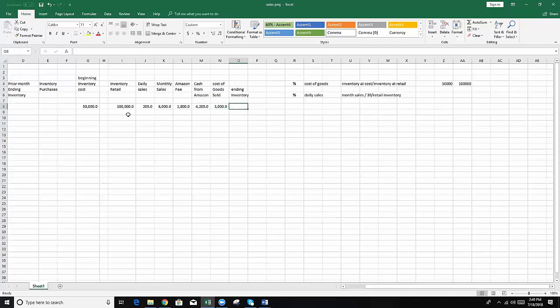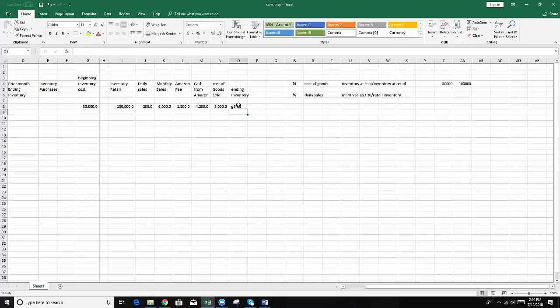Based on that, if your beginning inventory was 50,000 and your cost of goods sold was 3,000, your ending inventory would be G8 minus N8.